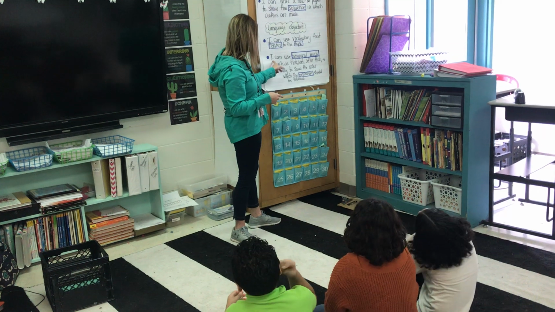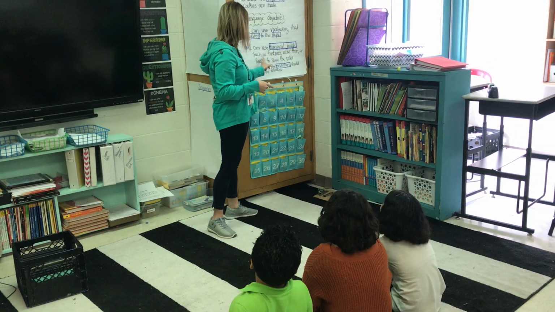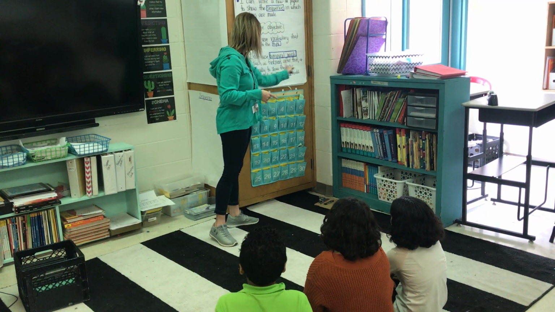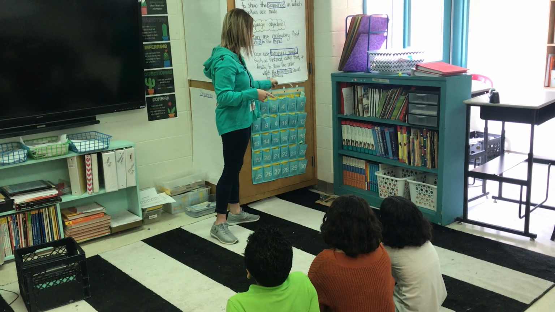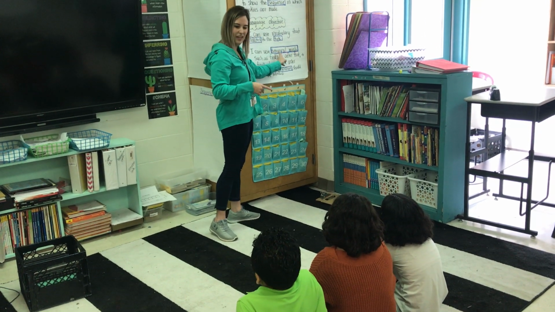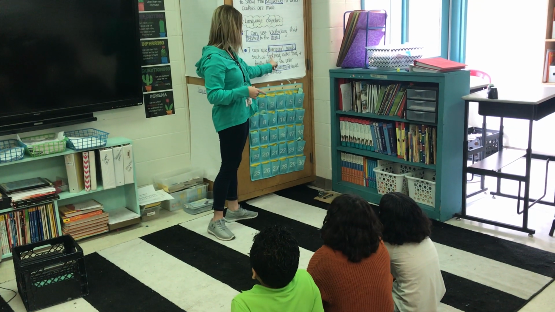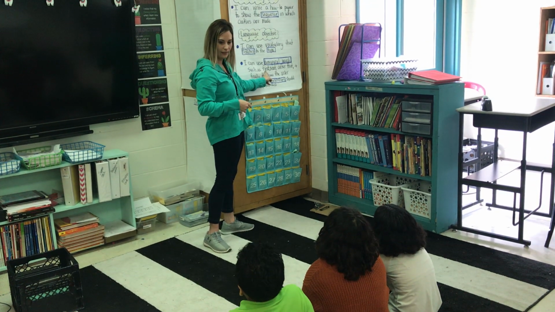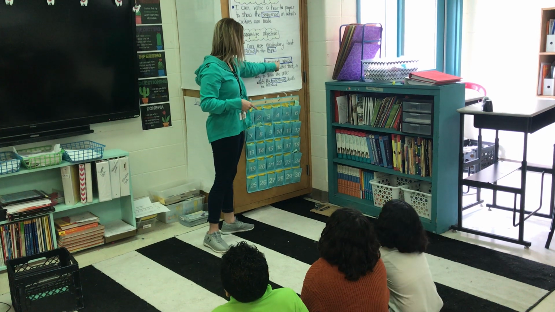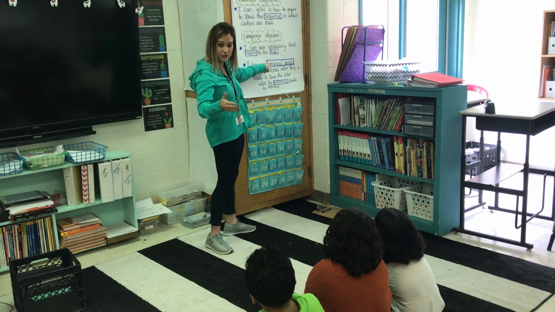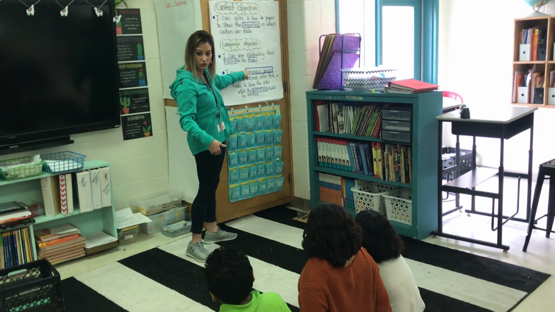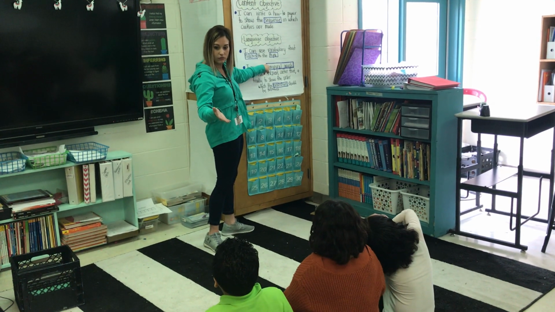All right, the second one is I can use temporal words such as first, next, after that, and finally to show the order in which the procedure should be followed. Temporal words is kind of a big word, but you can use your context clues. Another word for temporal would be time, order. You can't put your shoes on when you're in bed.